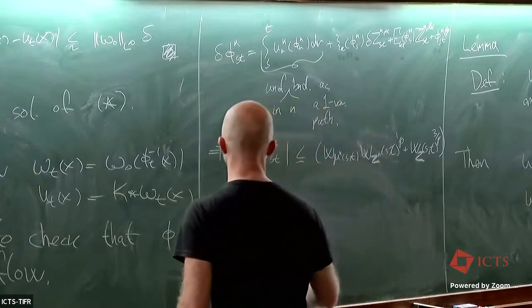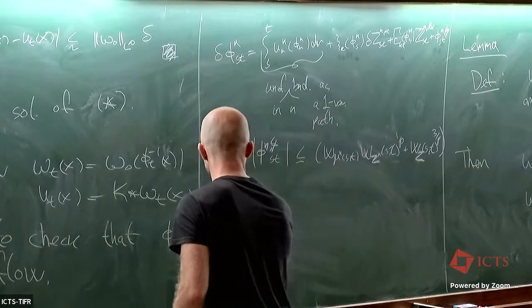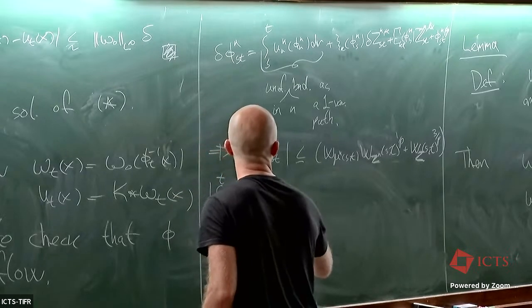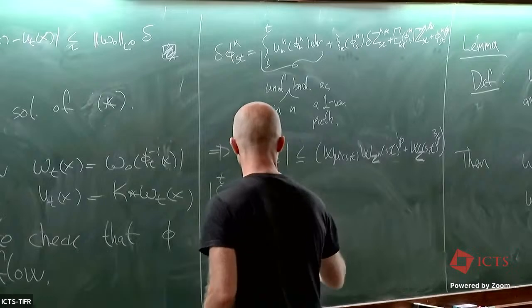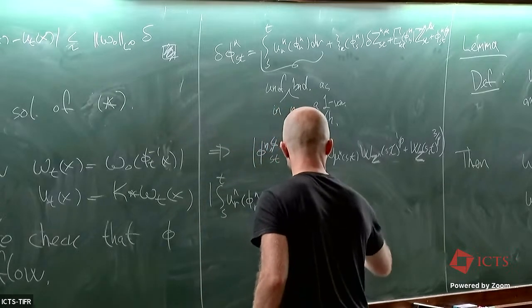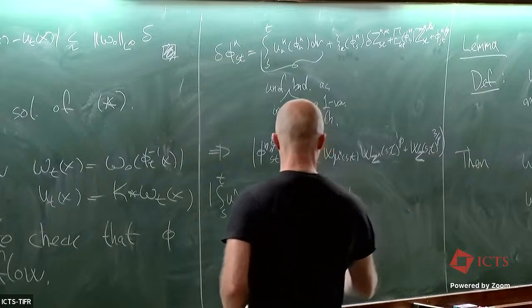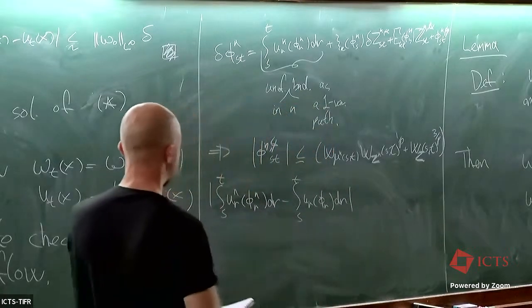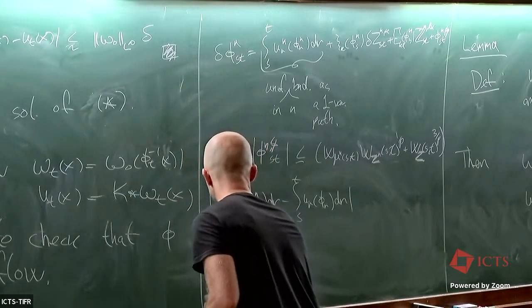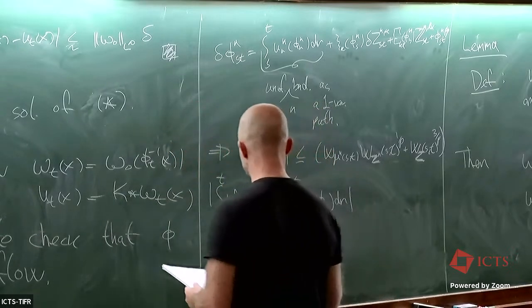Okay? But let us now just check that this one is converging to what we want it to converge to. And how do we do this? Well, again, we just add and subtract.